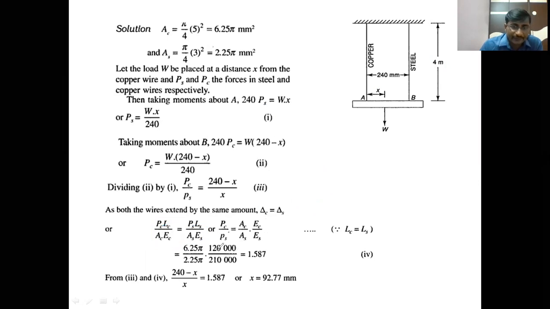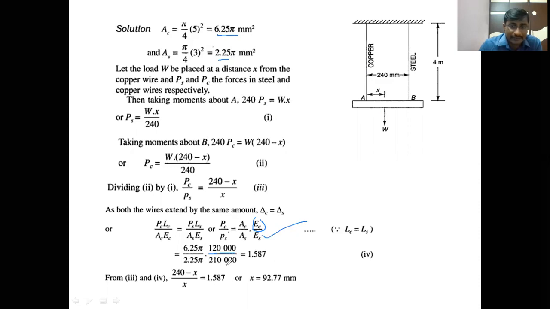So the final equation is PC by PS equal to AC by AS into EC by ES. Upon substitution, AC by AS is 6.25 pi divided by 2.25 pi, into EC by ES. The Young's modulus for copper wire is given as 120 GPa, which converted is 120 into 1000, that is 120,000 newtons per mm square.